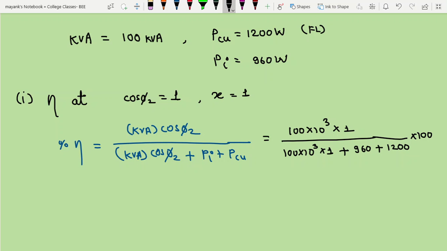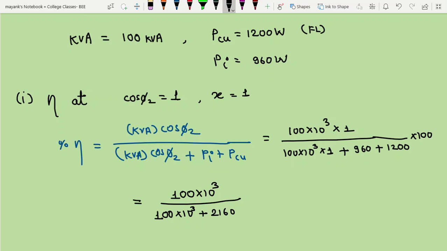Now let us solve this one. Okay, so this is 100 into 10 raised to the power 3, and this will become 100 into 10 raised to the power 3 plus 1200 plus 960. This will be your 2160.